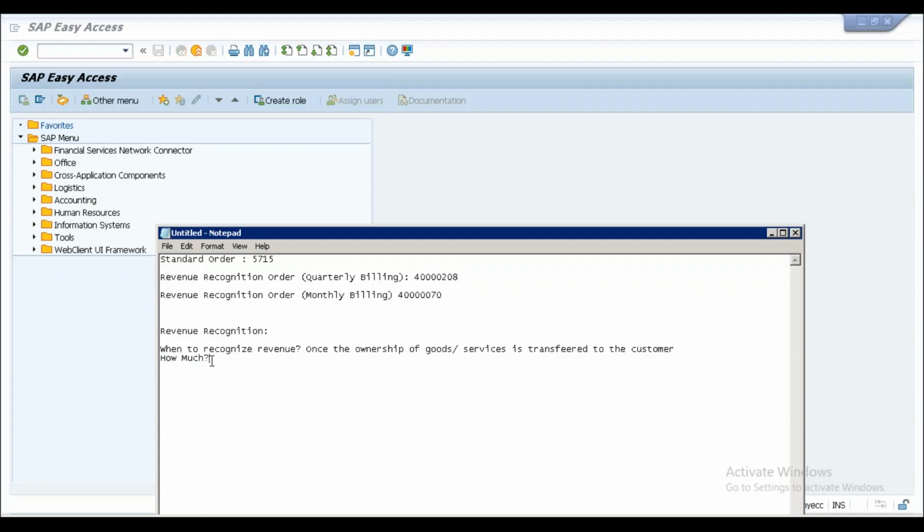The second question is how much. Let me take some examples. Let's take the first example. We'll take one industry as our sample industry, so we'll be able to correlate the things. Let's say the automotive industry. This company is selling cars to the customer.